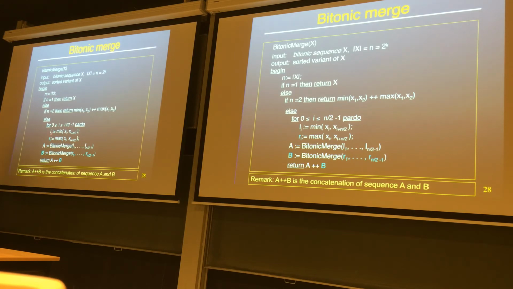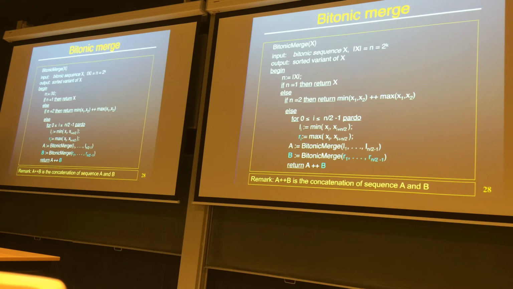So the Li is the minimum of xi and xi plus n divided by 2, and the Ri is the maximum of xi and xi plus n divided by 2. So this is the same as taking the LS and the RS.